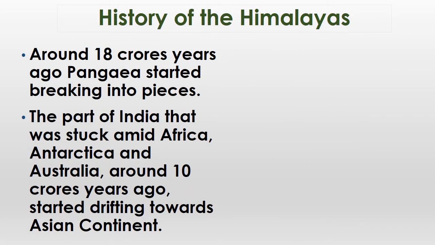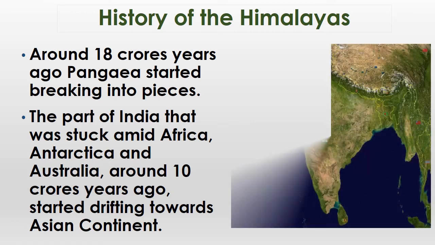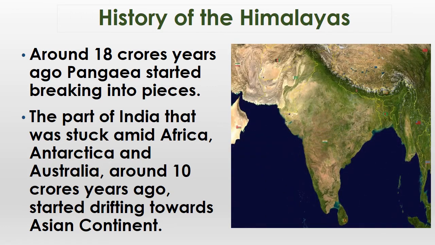Now let's see some interesting story about the Himalayas. Do you know what are Himalayas? Himalayas are the big mountains that are on the north side of our country India. So these Himalayas are lying over here. Can you see in the map?